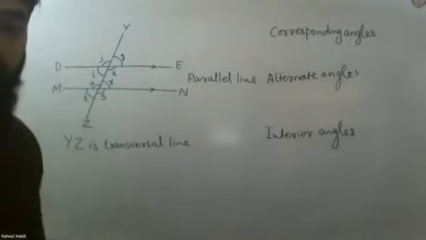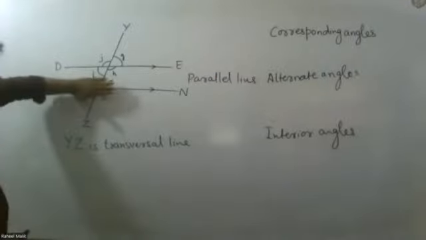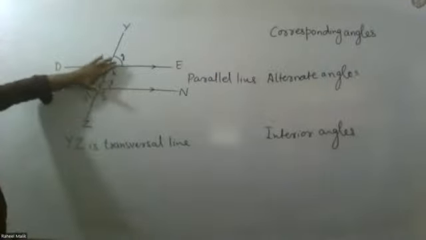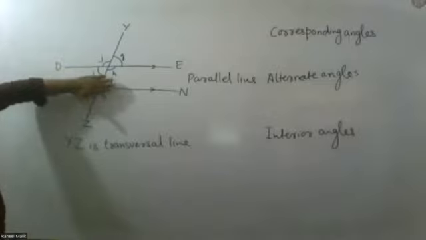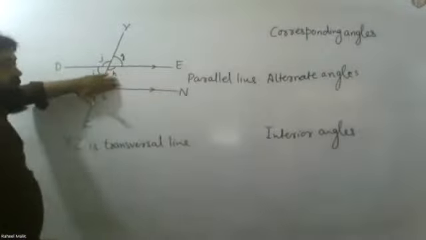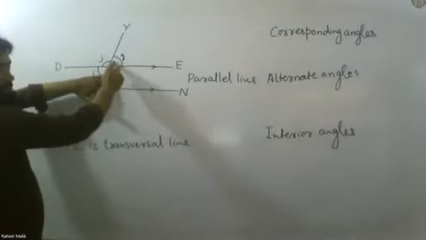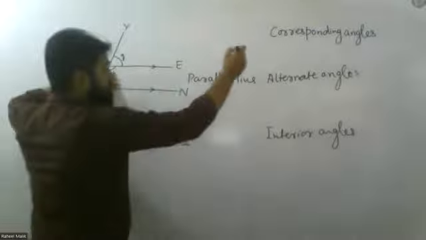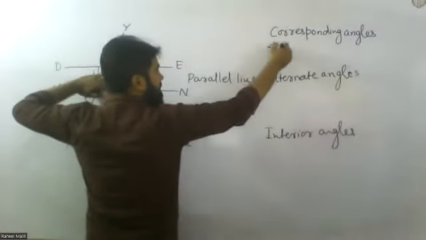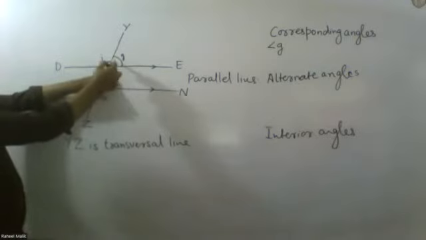Now, how do you find these ones? See, if I'm not looking at this part and I'm looking only at this one, where is your G? G is over here, at the right top corner.